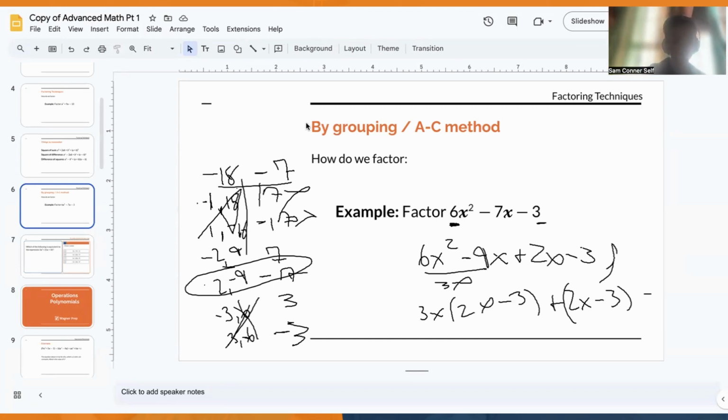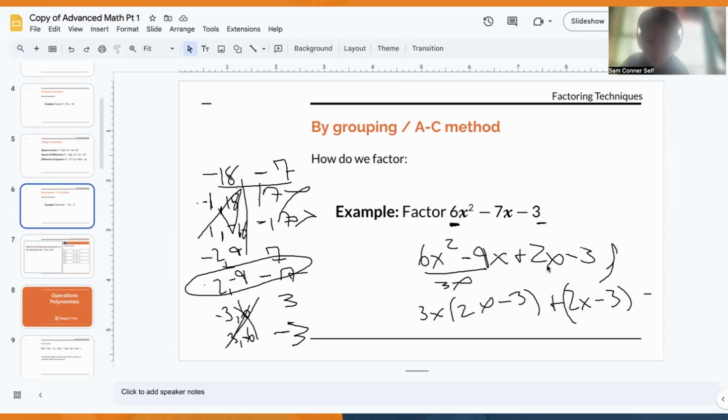Some of these questions will ask you to set it equal to 0 and solve. Yes, Karen. Yes. So the solutions are going to be 3/2 and -1/3. But yes. Okay.